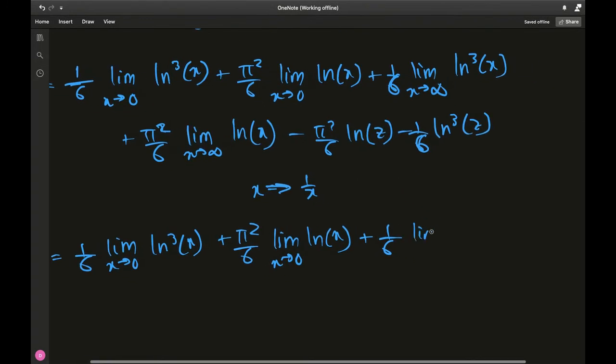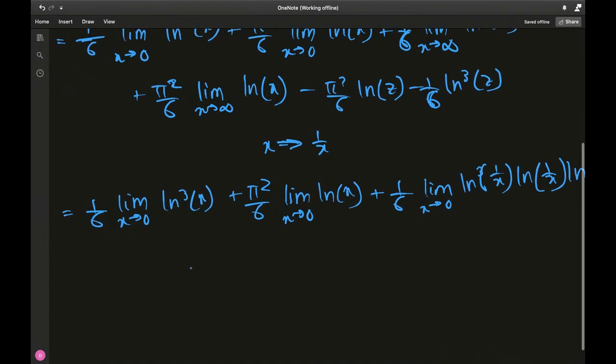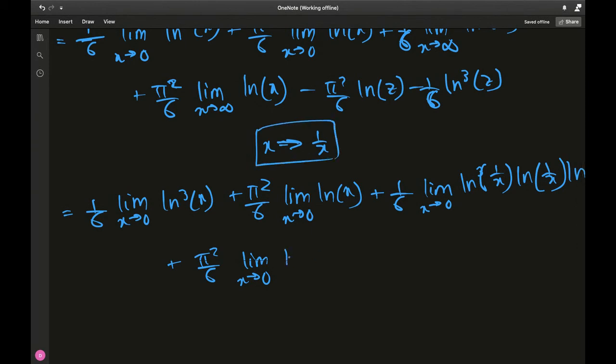We'll have limit as x tends to infinity, 1 over x will go to 0. So x tends to 0. Natural log cubed of 1 over x, I'm going to write that as natural log of 1 over x times natural log of 1 over x times natural log of 1 over x, basically multiplied 3 times. Plus pi squared over 6 limit as x goes to 0 now because of this transformation rule, natural log of 1 over x, minus these other z terms.